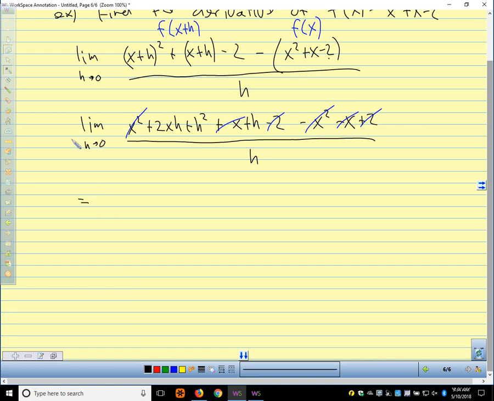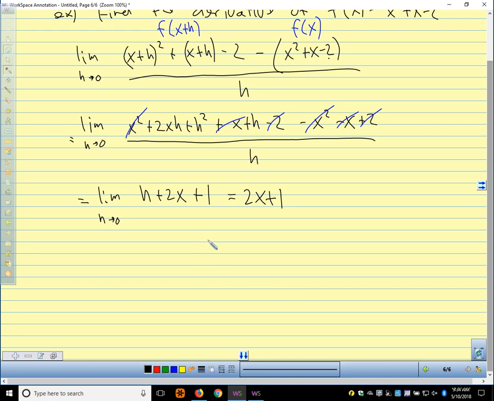So we get the limit as h approaches 0 of h from this one plus 2x from this one plus 1 from that one. So I canceled out the common h's there. And as h approaches 0, this approaches 2x plus 1.